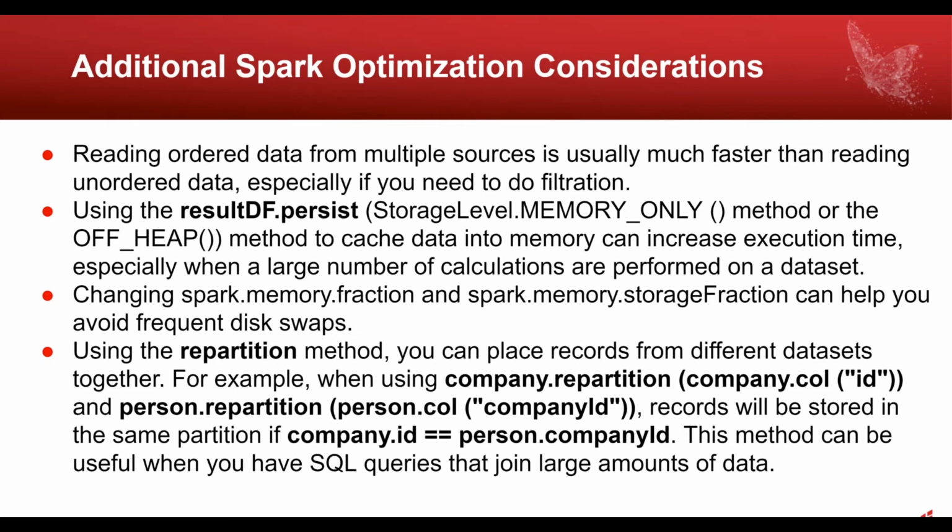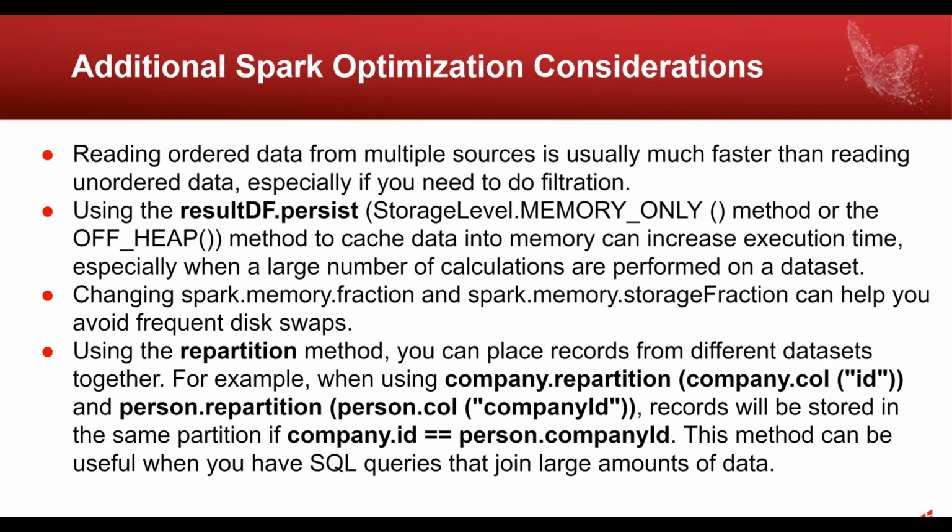And the last one is the repartition method. How does it work? When you are going to do a join SQL query, you will have a field which will be used for the join. For example, if we have company and person SQL tables, and we join using field ID in company and company ID in person, it will be great to have these entries with the same field values in the same partition.